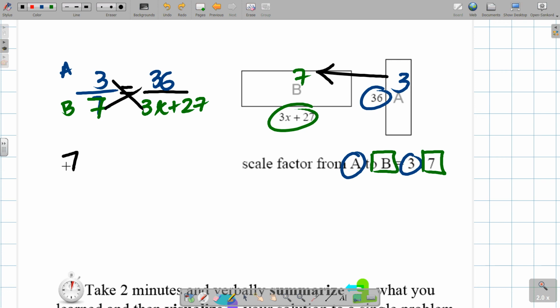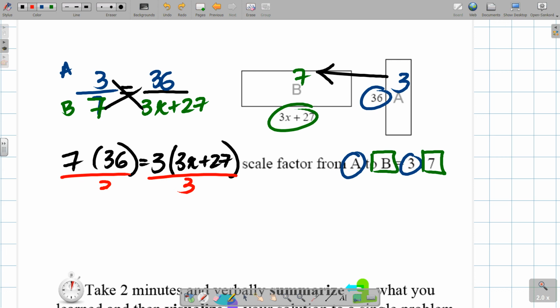Let's multiply. Key to multiplying is not multiplying. Factor. So instead of just sitting in 3, I'm dividing. I can take that in there 12 times. I can do my third grade math. So 7 times 12, 84.